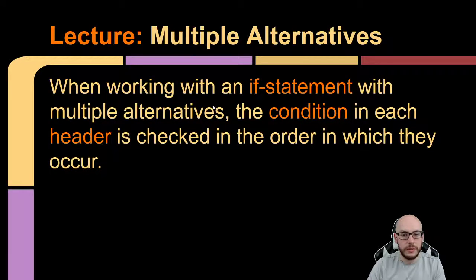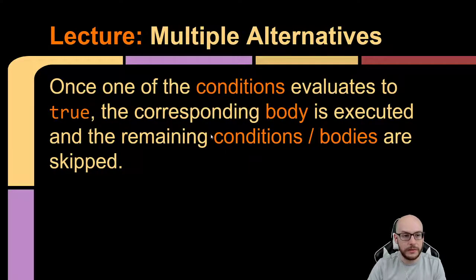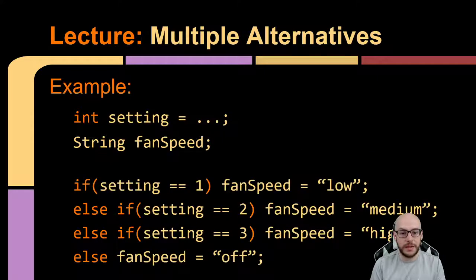When working with an if statement with multiple alternatives, the condition in each header is checked in the order in which they occur. Once one of the conditions evaluates to true, the corresponding body is executed and the remaining conditions or bodies are skipped. This is what's important. This is what's different. We could emulate this based on what we know already, right? With if statements and logical operators, you could simulate this.